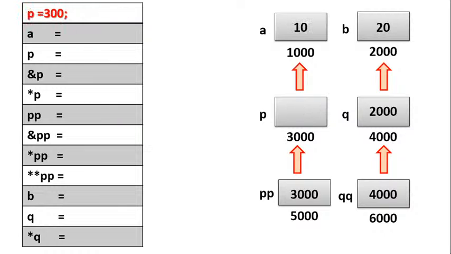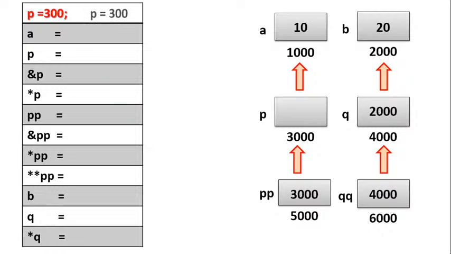So we'll change it one more time. Now what will be the value? P is equal to 300 now. P, not star P, P is equal to 300.